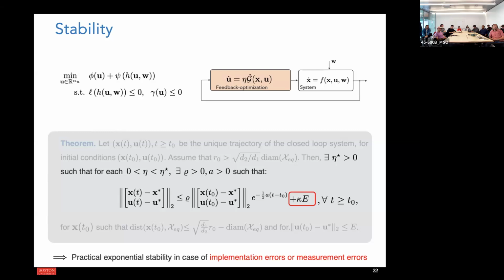But in that case, we still have local exponential stability, but basically it tells you you need to execute it sufficiently fast. What changes is just a term here, and then an additional A is different, but the result is similar. Yes. So this is a very nice result.